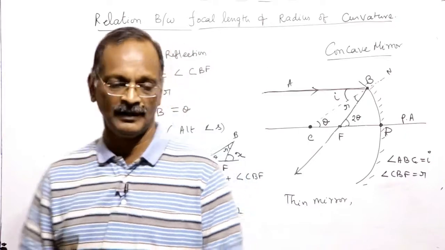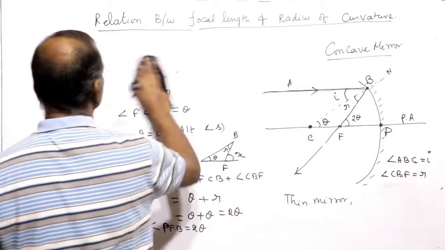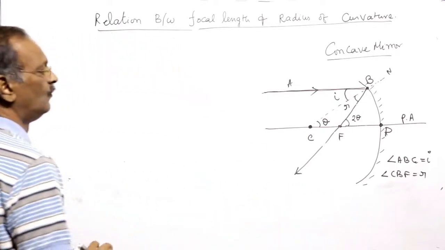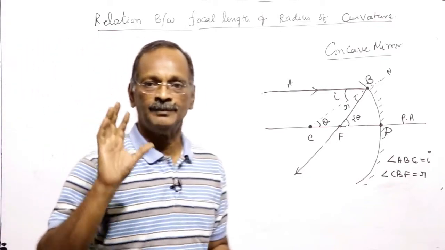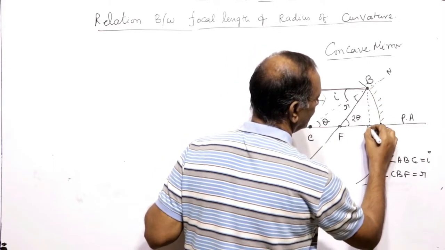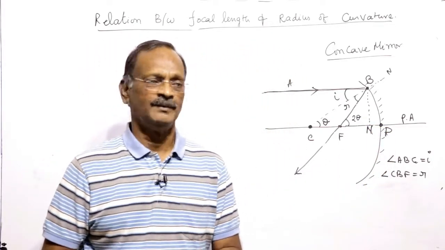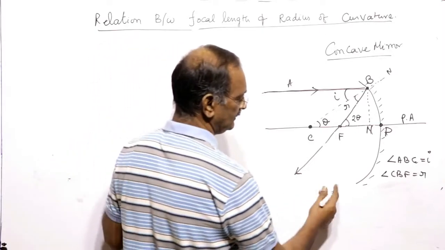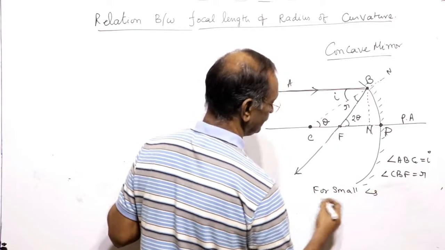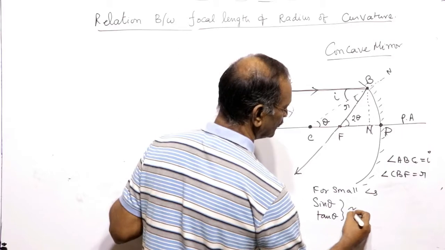For a small angle, since the aperture is very small, we draw a perpendicular to this and call this point N. For small angles, which we always assume in ray optics, sin theta and tan theta are approximately equal to theta.